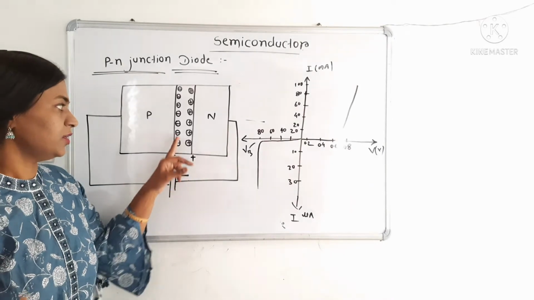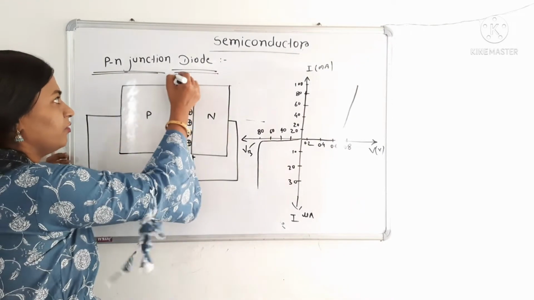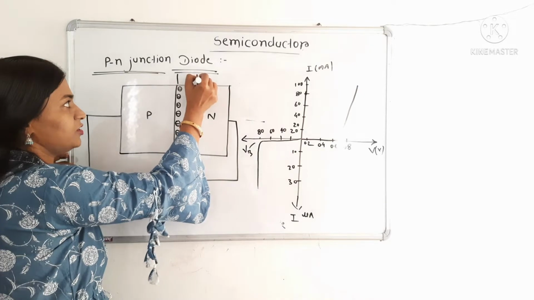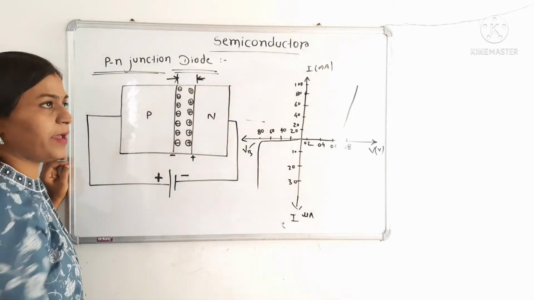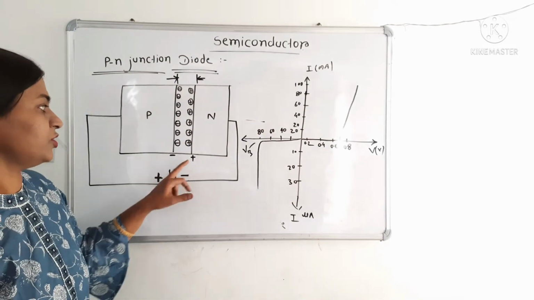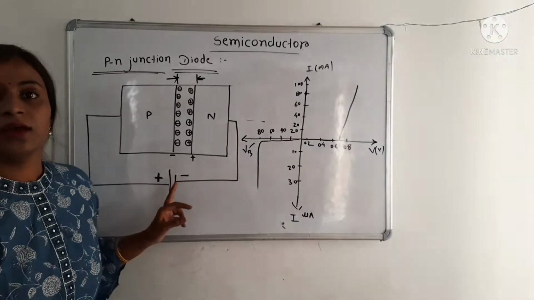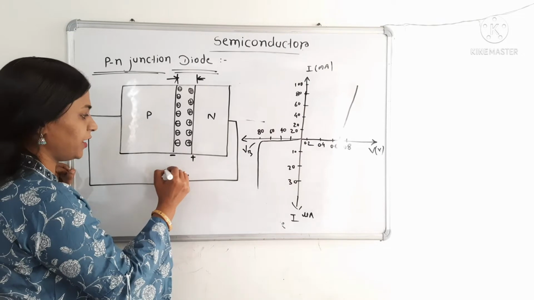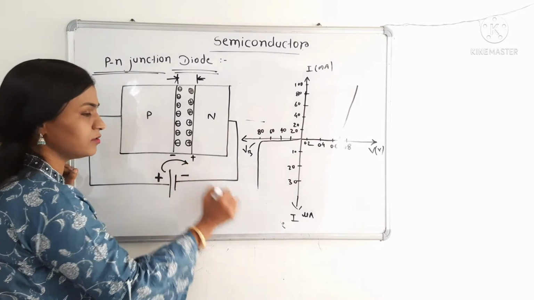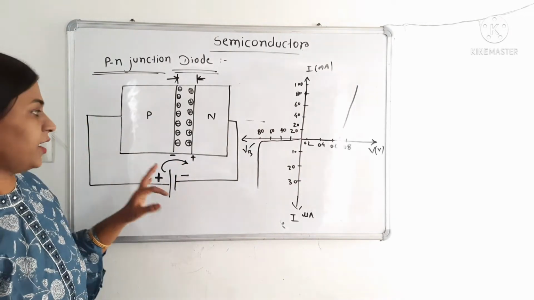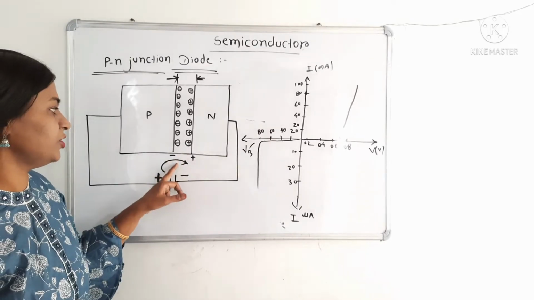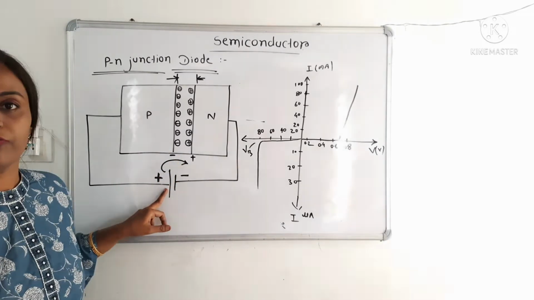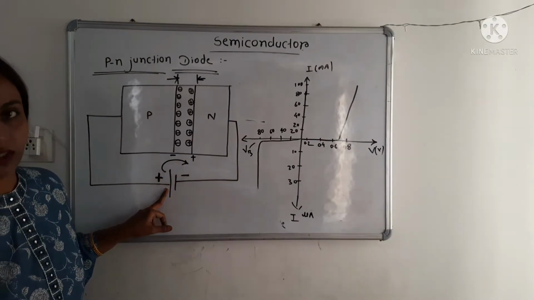Due to this, the width of the depletion region is decreased in forward biasing, because the polarity of the potential difference is different, and thus the barrier potential is reduced by the external voltage.